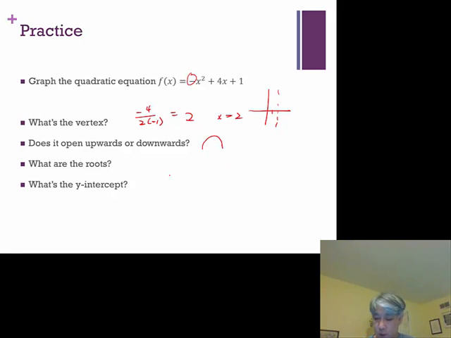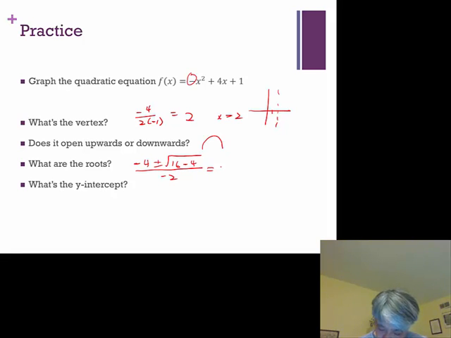What are the roots of this equation? Well, it's going to be minus b, which is minus 4, plus or minus the square root of b squared, which is in this case 16, minus 4ac, or minus 4, all over 2a, which is 2 times minus 1, or minus 2.